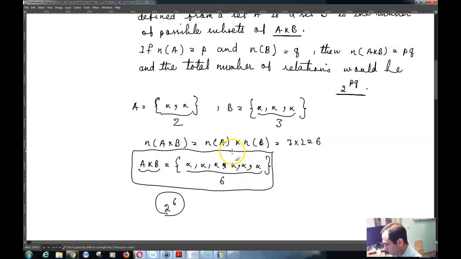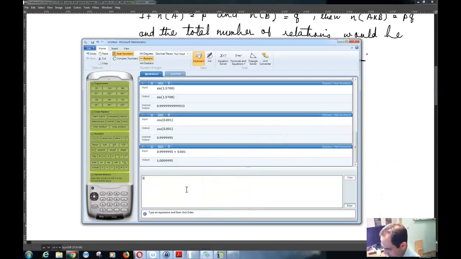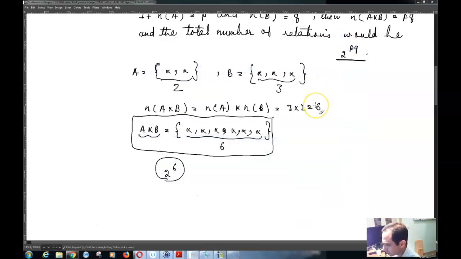But what that means is that, for example, the subsets of this set would be, first let me see what 2 raised to the power 6 is, 64. So there are 64 possible subsets of this set having 6 elements. You could take the first element, then the second element and the third element, and so on.